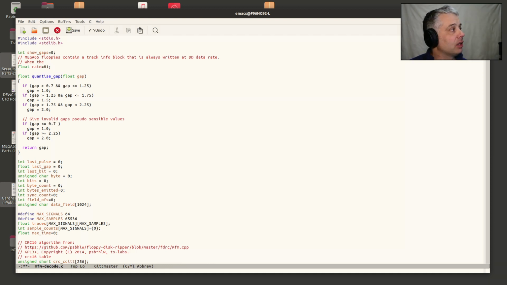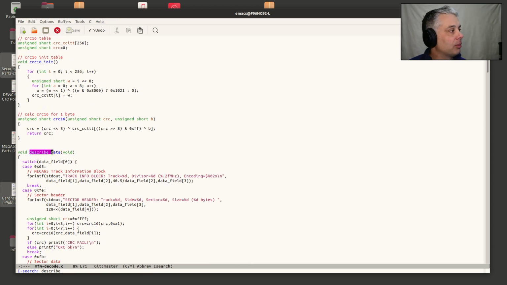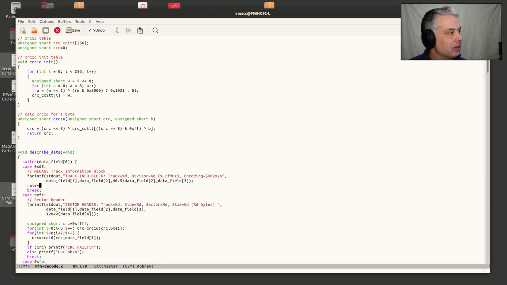When the TIB is read, the FDC floppy controller switches to the indicated rate and encoding. Right, describe data. Rate is equal to data field 2. So now we'll change the rate to that.